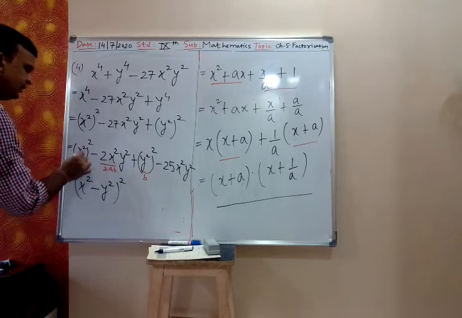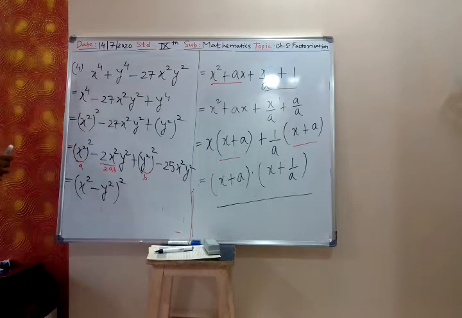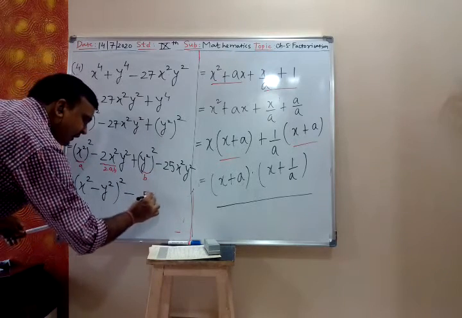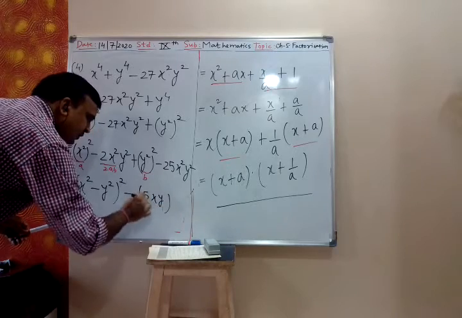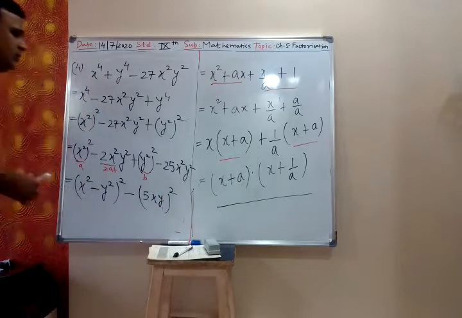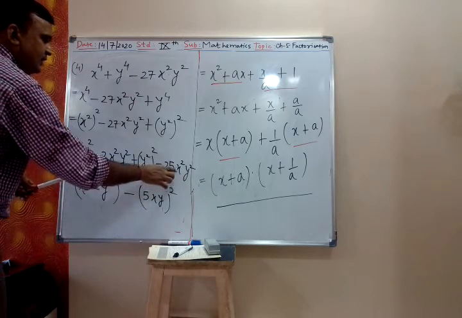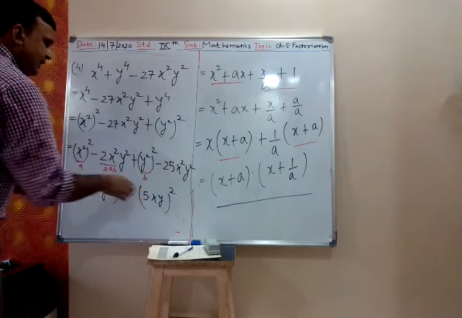A square minus 2ab plus b square is a minus b whole square. Minus 25 x square y square, I can write as 5xy whole square, since 25 is 5 square.